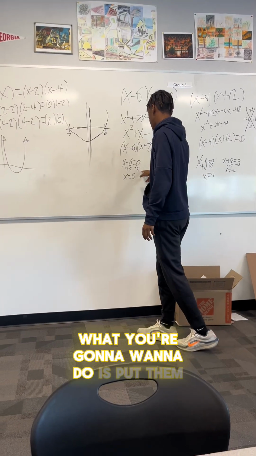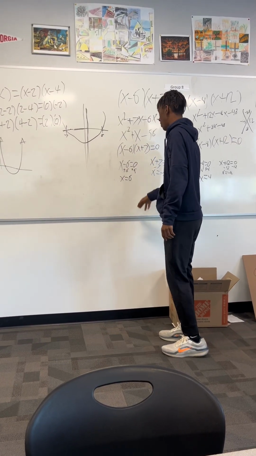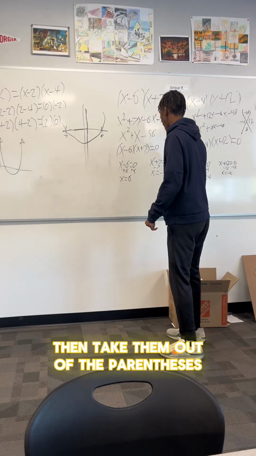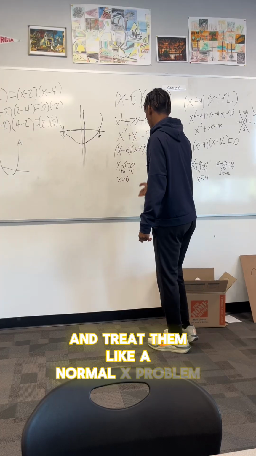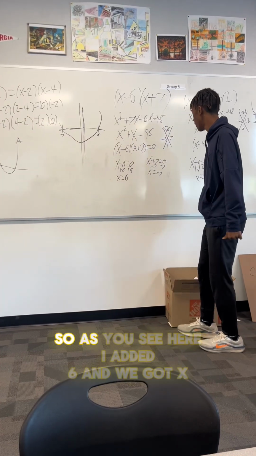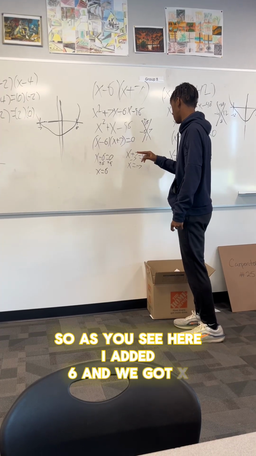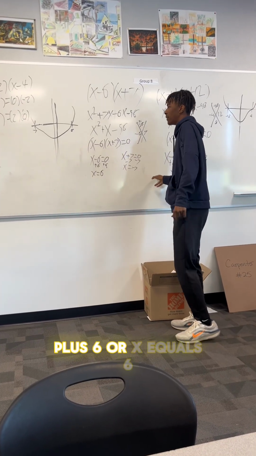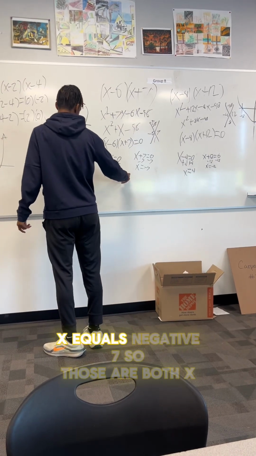Then take them out of the parentheses and treat them like a normal x problem. So I added 6 and we got x equals 6, and we did the same over here: x equals negative 7. Those are both x-intercepts.